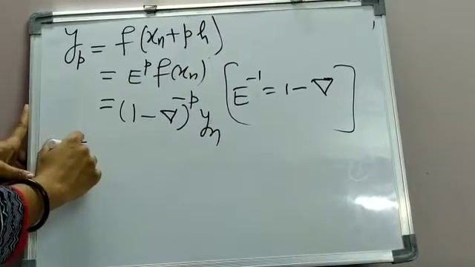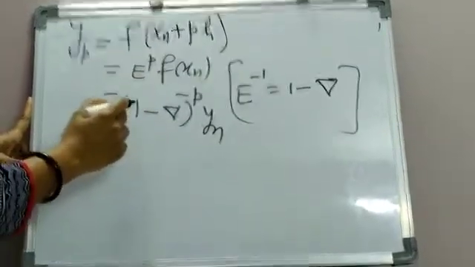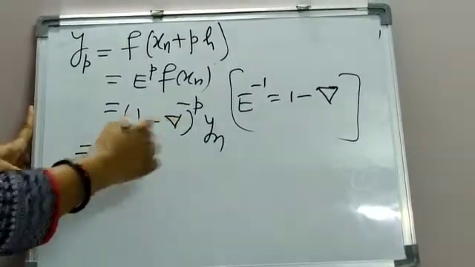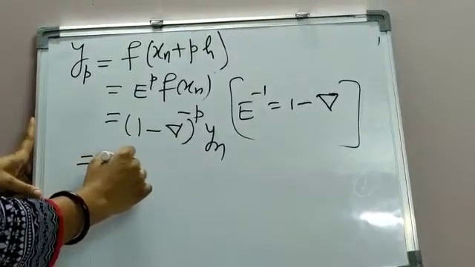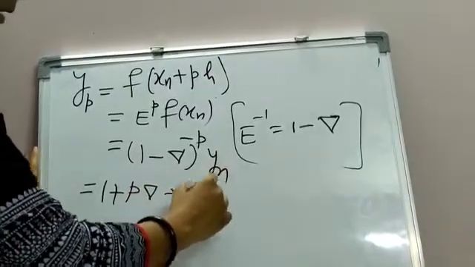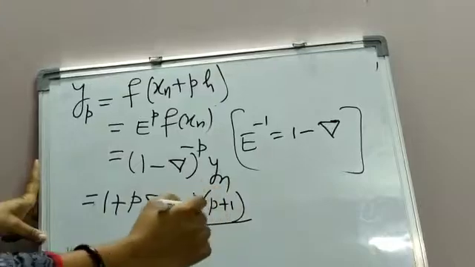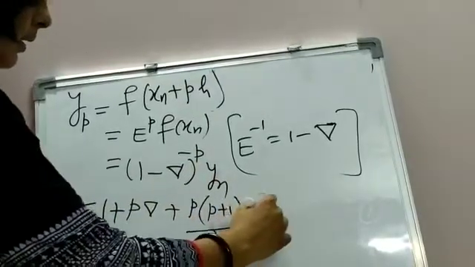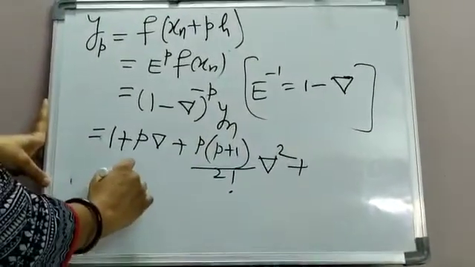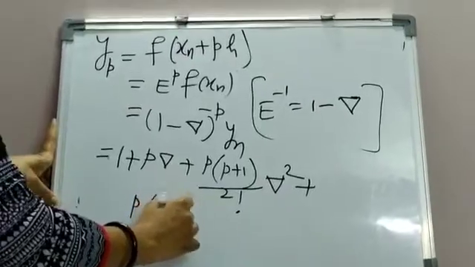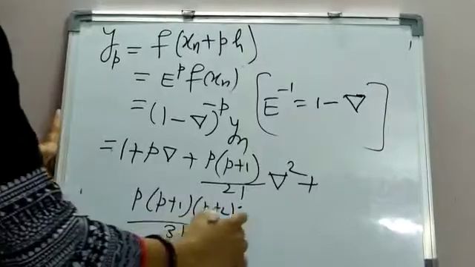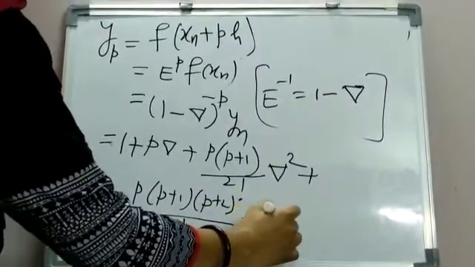Now again, what do we want to do? We want to binomially expand this term. Binomially expanding, we get 1 plus p nabla plus p(p plus 1) divided by 2 factorial nabla square, plus the third term obtained the same way, p(p plus 1)(p plus 2) divided by 3 factorial nabla cube, plus and so on.